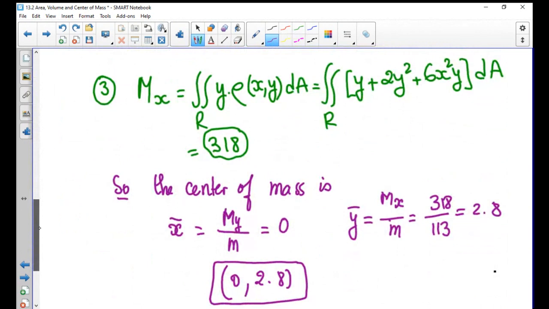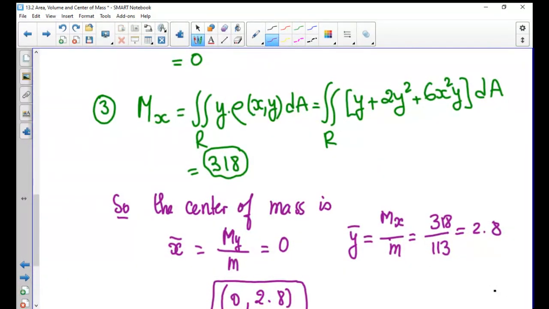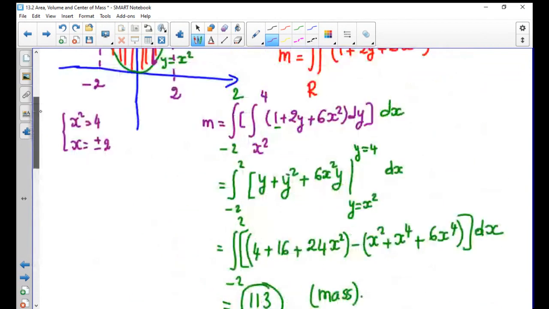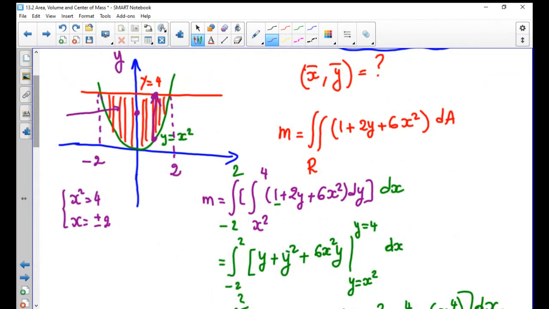Are we okay with this? It's always the region R. R is finished. Once you draw, we're always integrating over the same region. R is the shape of this lamina. That's it. But good question. All these integrals are over the same region R, which is the shape of the lamina which is given to you.